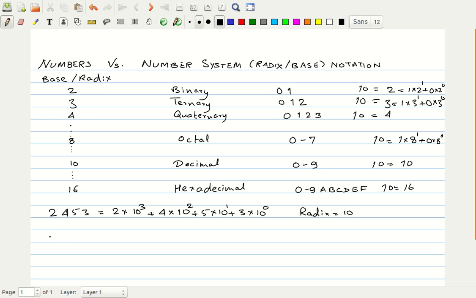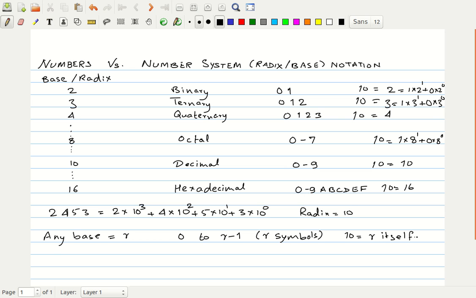If I have any base which is a positive integer r greater than 1, then you need r symbols, representing the numbers 0 to r minus 1. So there are going to be a total of r symbols, and 1, 0 will be equal to the number r itself, right?